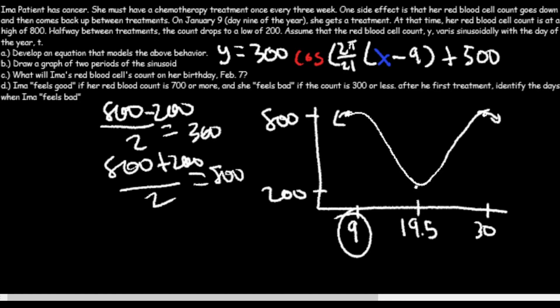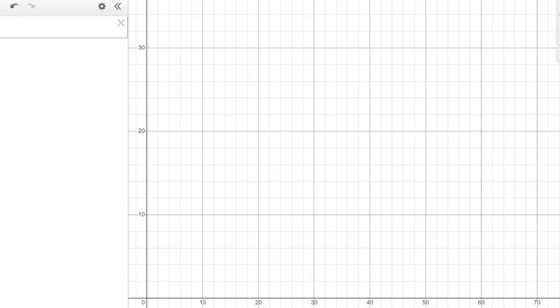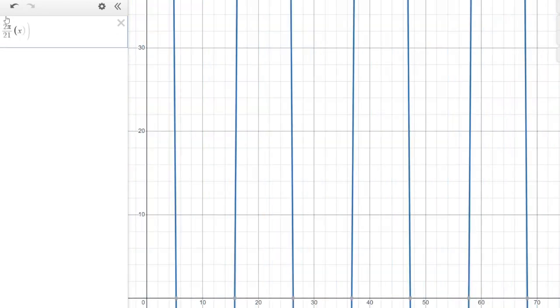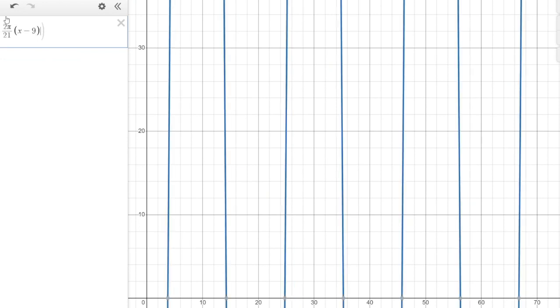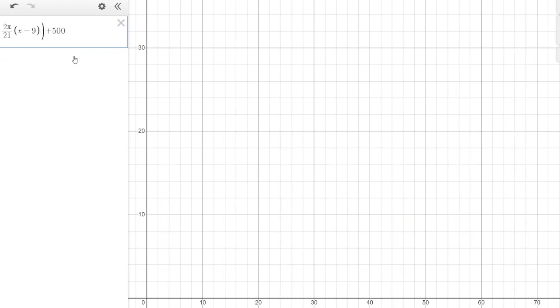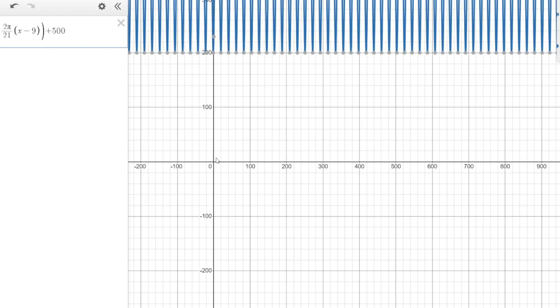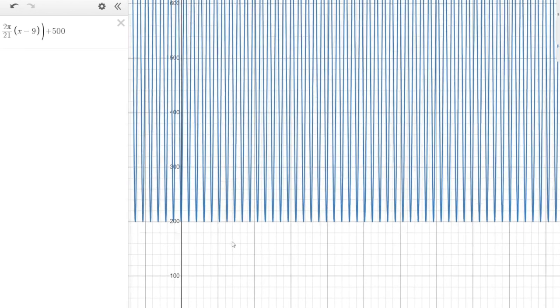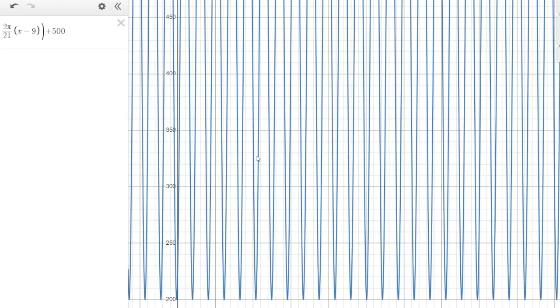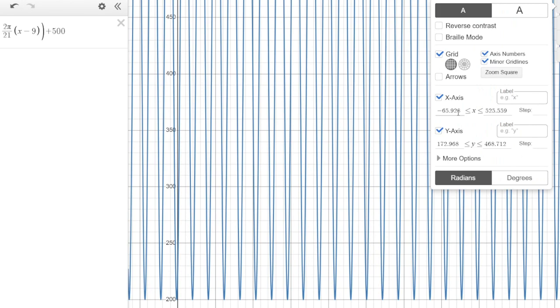So just plot this into Desmos real quick. So we got y equals 300 cosine, parentheses 2 pi over 21, x minus 9, and then we got plus 500. Yeah, this should be pretty much accurate, just on a smaller scale.